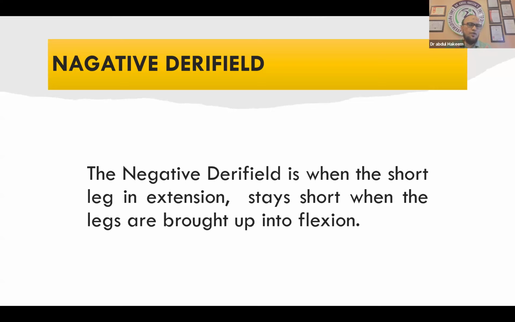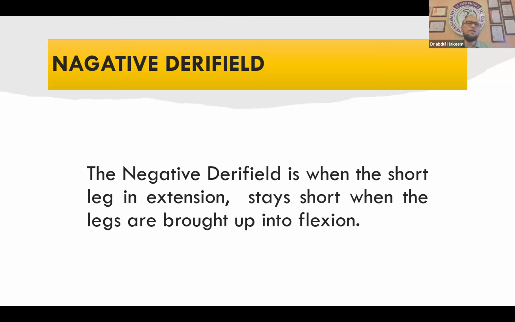In negative Derifield, during the extended position the leg will be short. In flexion, the leg will remain short compared to the other leg. This indicates a negative Derifield test. In the positive case, the leg will be longer than the other comparative leg.